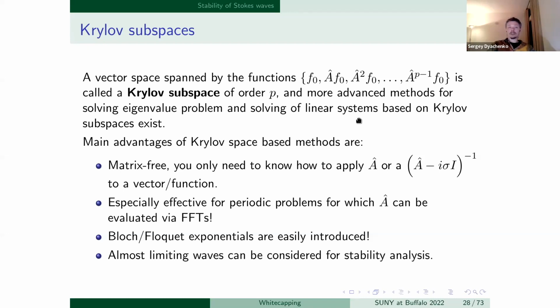Krylov space-based methods don't require forming the matrix, and are especially effective for periodic problems where A can be evaluated by FFTs, which is precisely our case. And Bloch/Floquet exponentials are also easily introduced here.